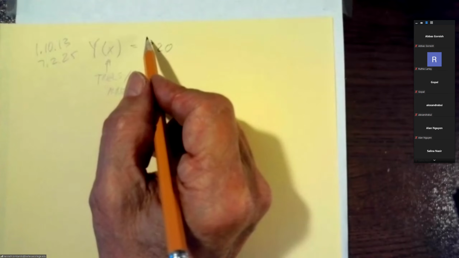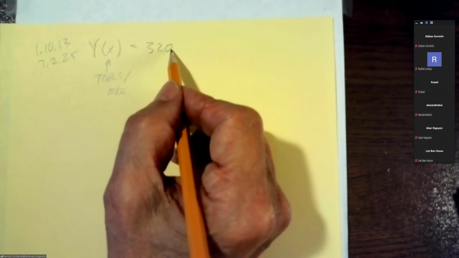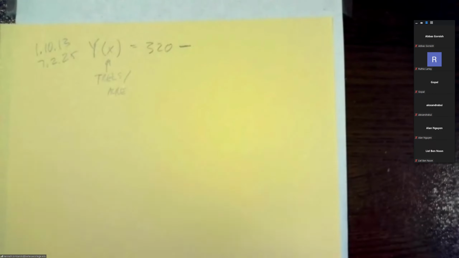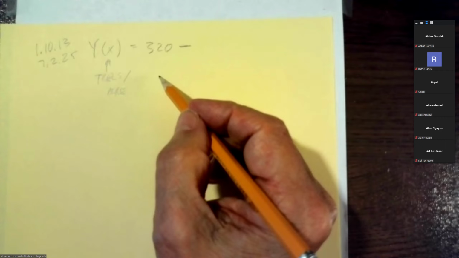But if it goes above 50, then we're going to have to start reducing. It's going to be less than 320 for every tree over 50.